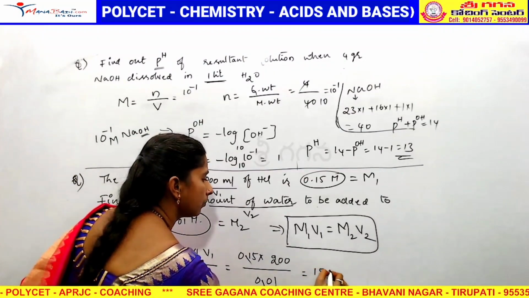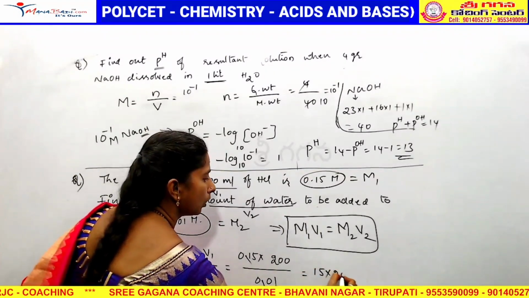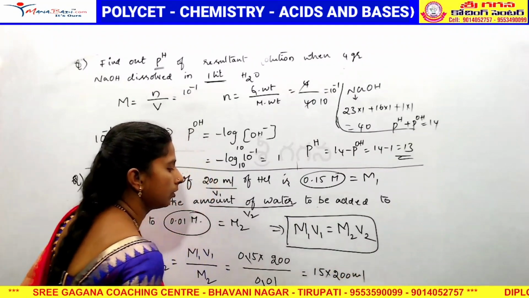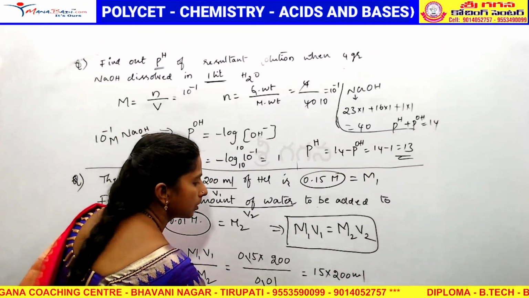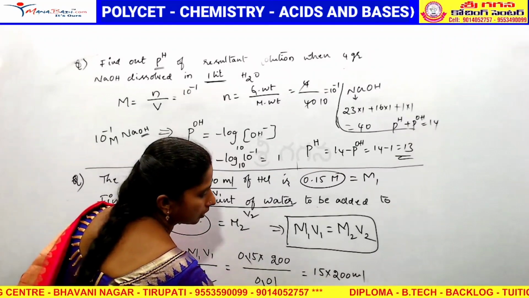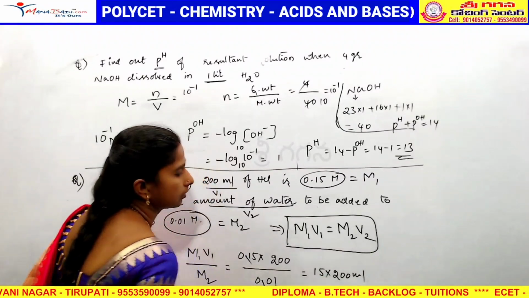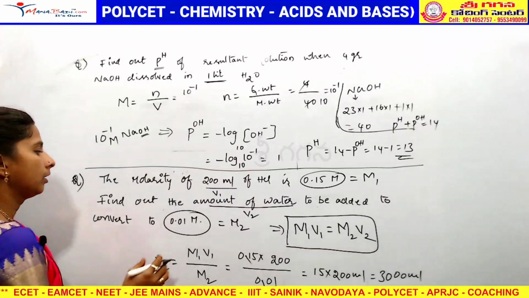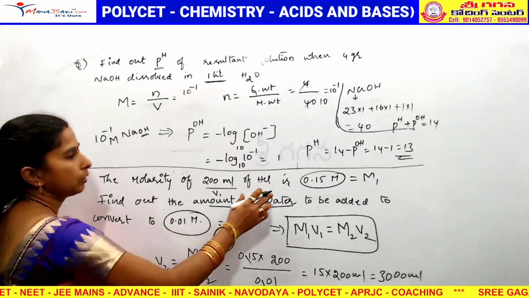We will get 15 into 200 ml, which is equal to 3000 ml. This is the way to calculate the volume of the solution by giving 2 molarities.